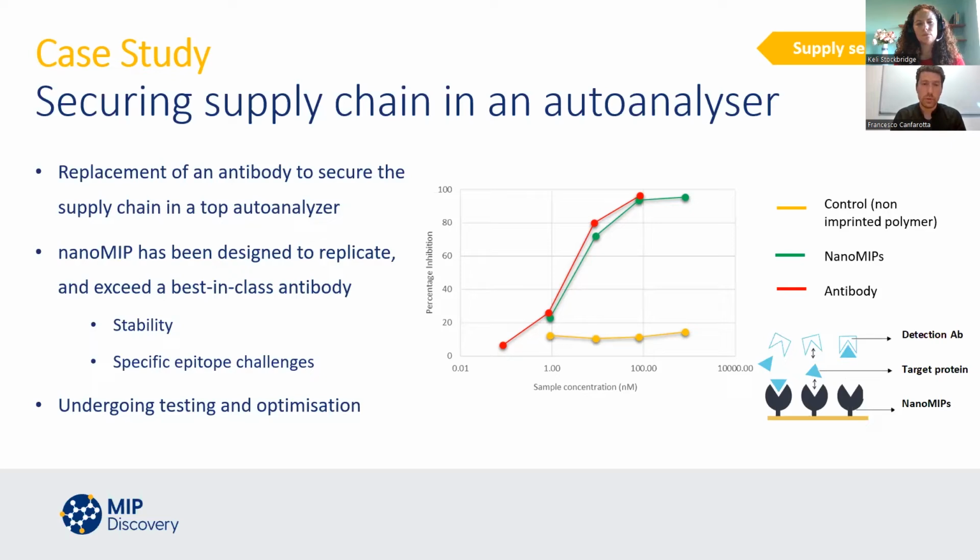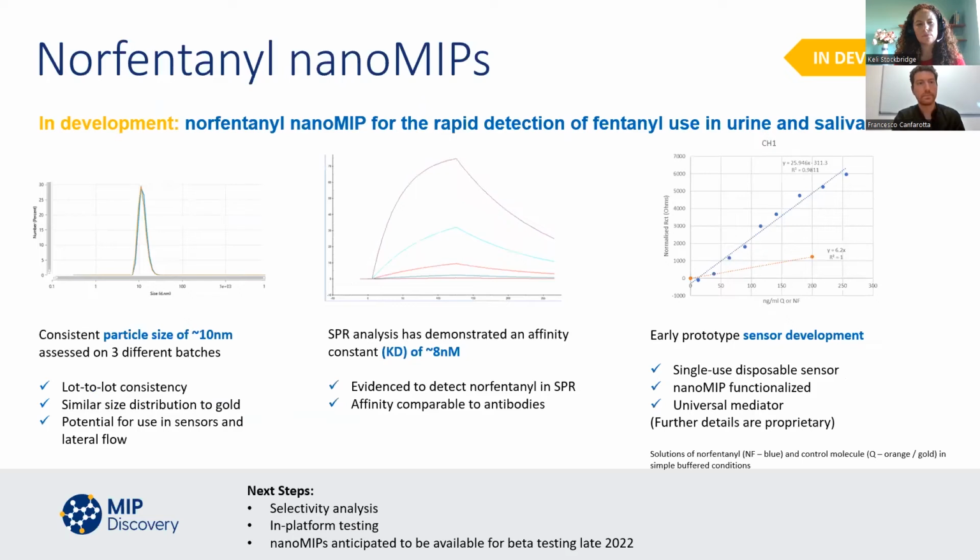The graph in the middle shows how comparable the performance of the antibody in red with the nanoMIPs in green is, and in yellow you've got the control given by the non-imprinted polymer. Again, this was done to replace an antibody with suboptimal stability, and as mentioned before, we've demonstrated how our nanoMIPs are far superior in terms of robustness. The MIPs and the system are currently undergoing testing and optimization at our customers.